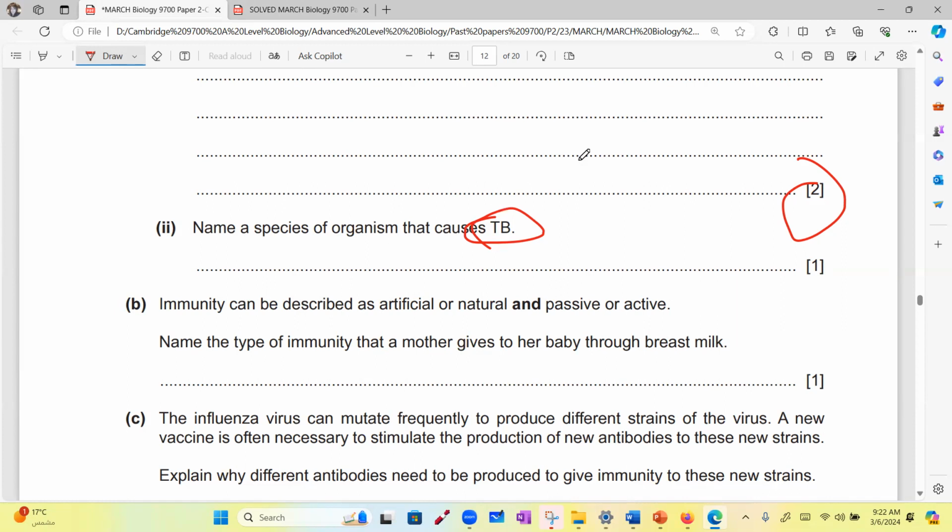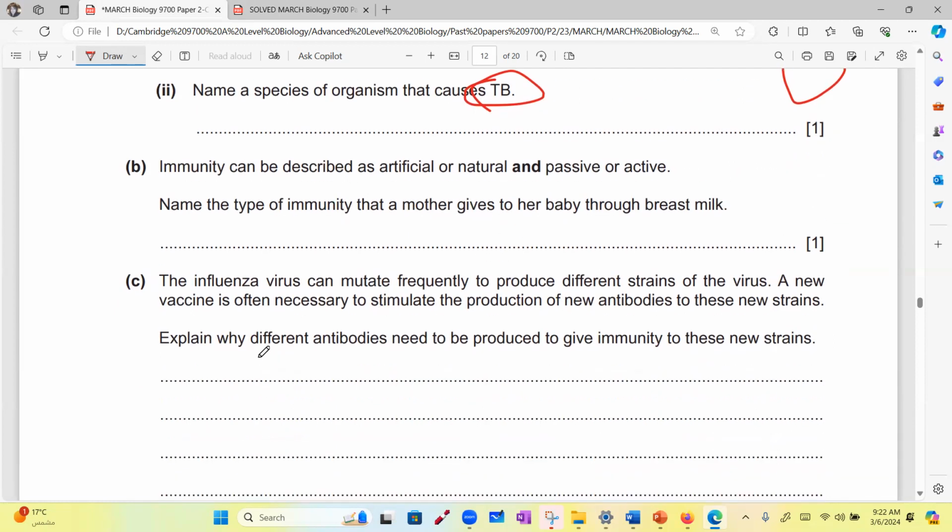The bovis. Name the type of immunity that a mother gives to her baby through her breast milk. Passive and artificial or natural? Natural. So natural, passive. Okay, explain why different antibodies need to be produced to give immunity to these new strains. You have new pathogens, and we have different antigens.